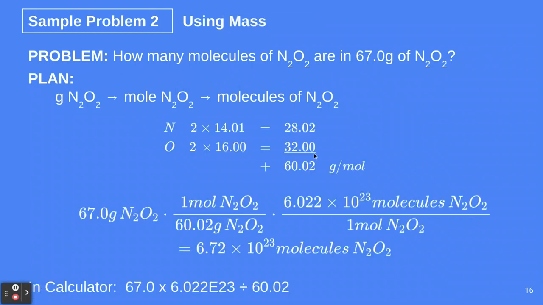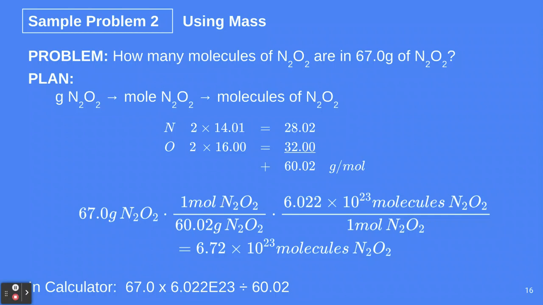So here is my little addition up top. I've got two nitrogens, so 2 times 14.01 gets me 28.02. 2 oxygens times 16 gives me 32 for a total of 60.02. And then we'll be able to use that as our conversion factor. So it'll get me out of grams of N2O2 into moles of N2O2.